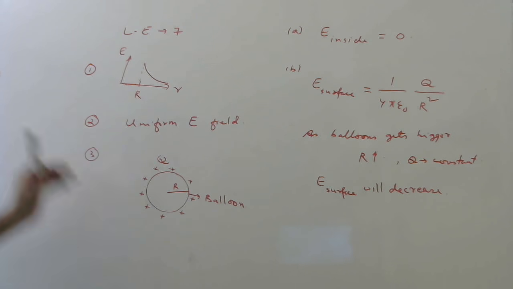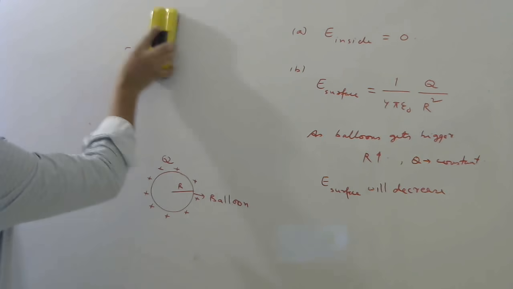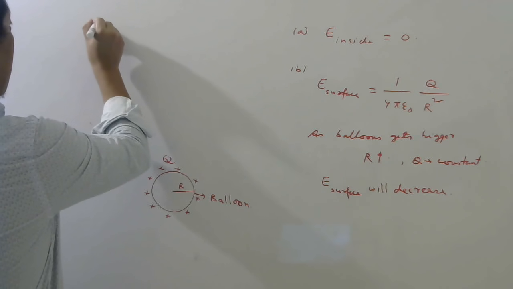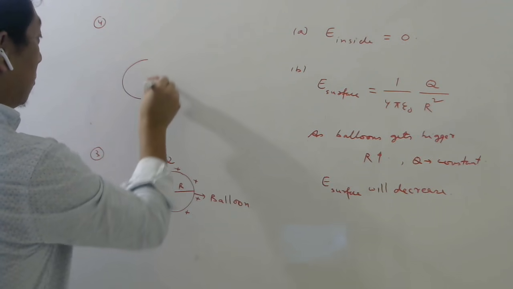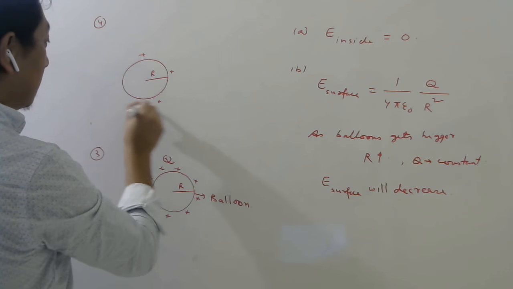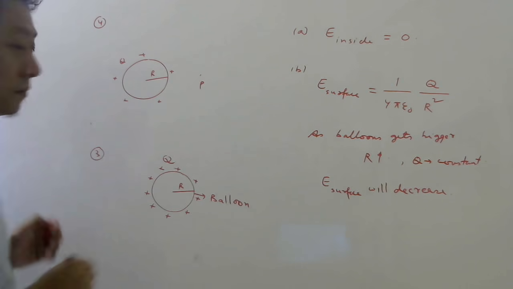Now let us see the third part. The third part is what happens outside the balloon at a given point. So let us take this as the balloon. Radius is R. Here is the total charge, capital Q. Let us take a point outside.